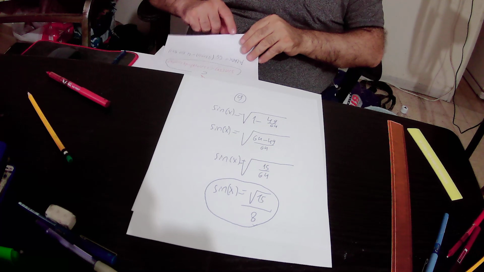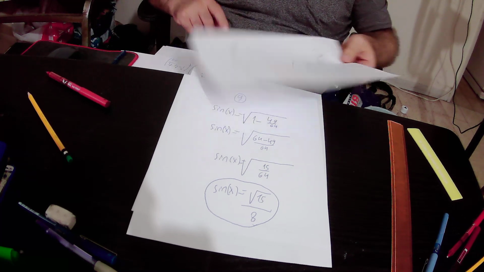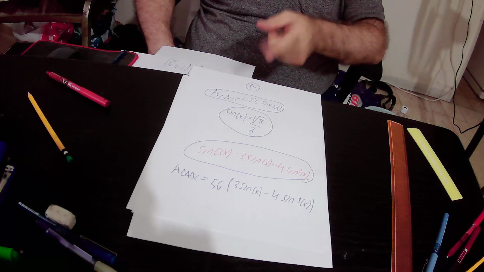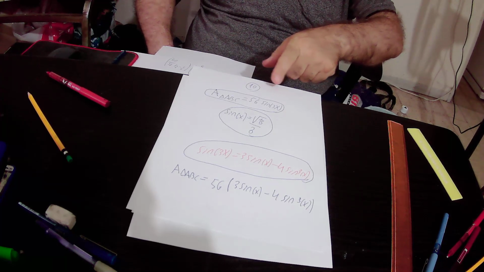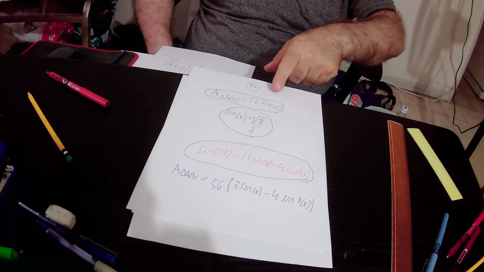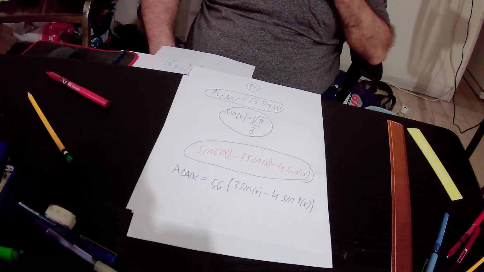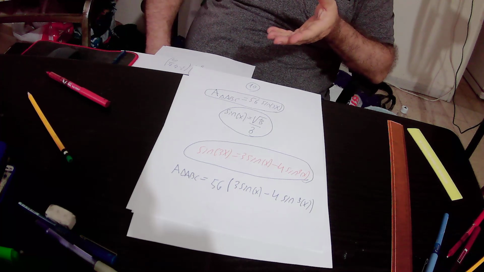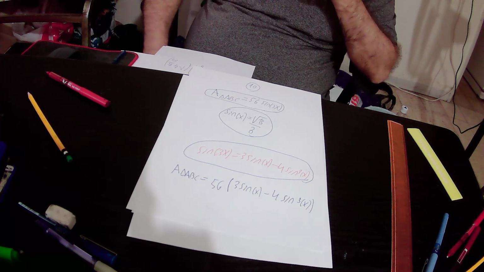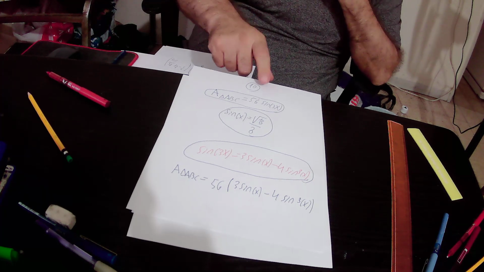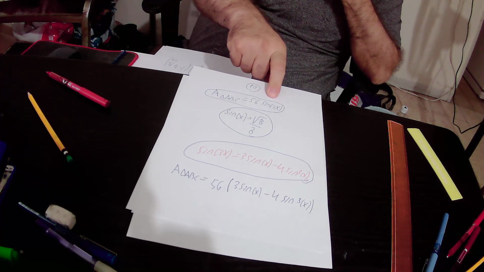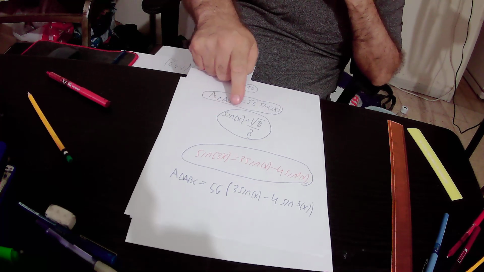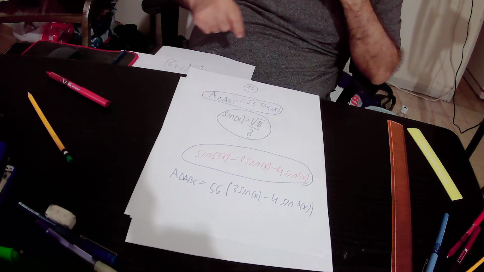And we've already found that the area of triangle ABC equals 56 times sine of 3x, according to rule number 4 that presented the area of the triangle. And we've already found that sine x equals root 15 over 8.